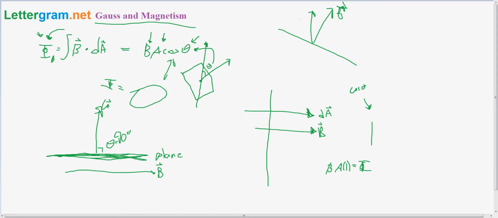Part of the magnetic field is going to affect you based on cosine theta. It's just like Gauss's law, if you remember that. It's really not too difficult.